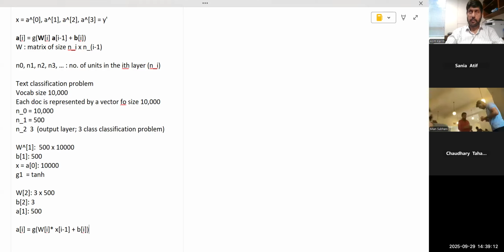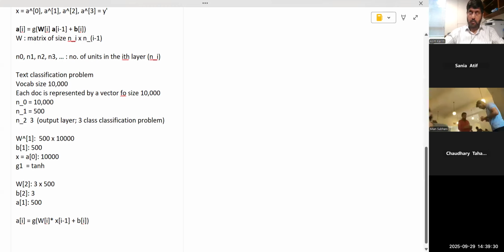And this function G applies to each element of this vector that is produced. ठीक है. तो G, remember, ये जो मैंने बीच में लिखा है, so this is actually a Zi. So this is also a vector. इसके ऊपर एक्टिवेशन फंक्शन लगेगा. ठीक है. So you can also write this.